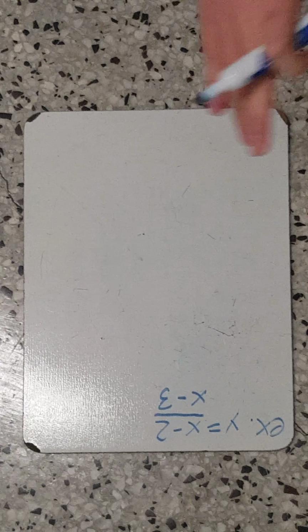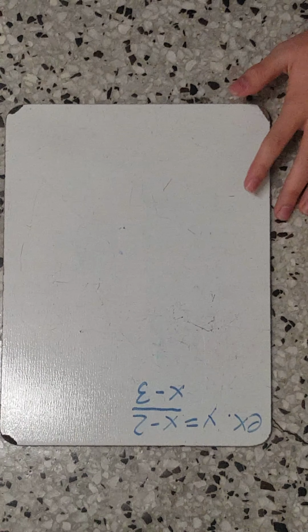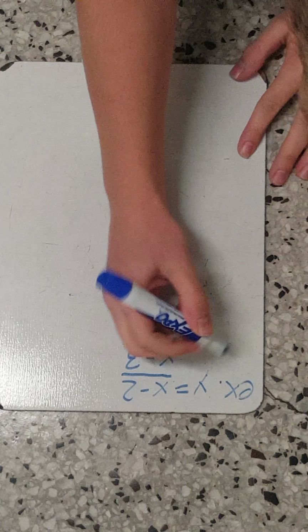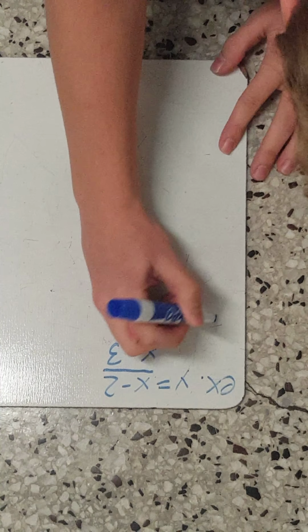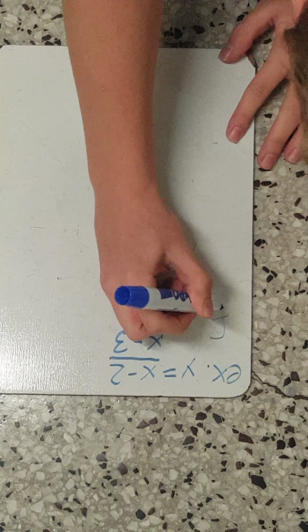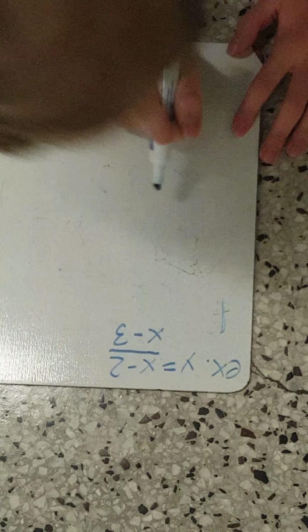So first you would find the symmetry of your graph, and you would do this by making all of your x's negative.